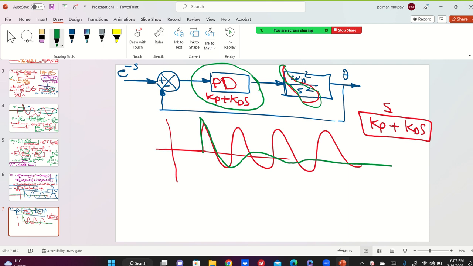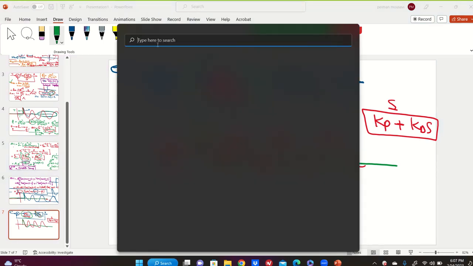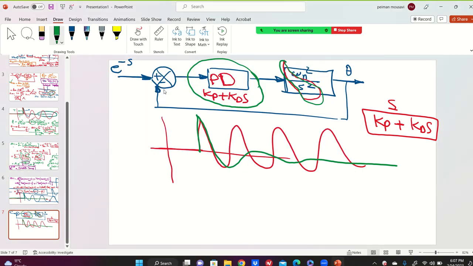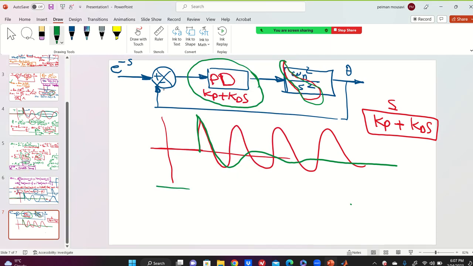Let me go and simulate whatever I called in MATLAB. I'm going to send it by Canvas today. So what I'm going to do in MATLAB, if this is your pendulum, I'm going to start the system from rest when the angle is 0 without an input.